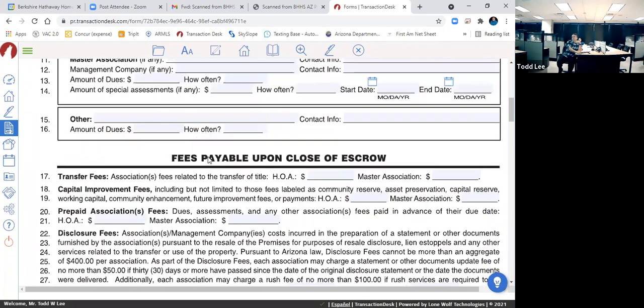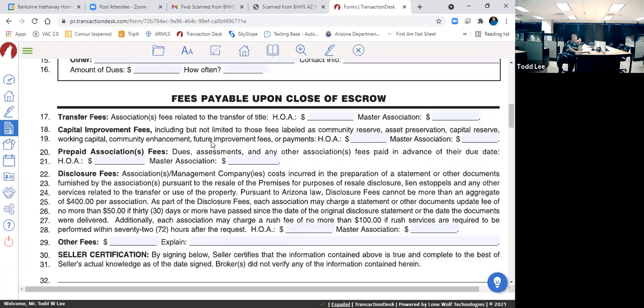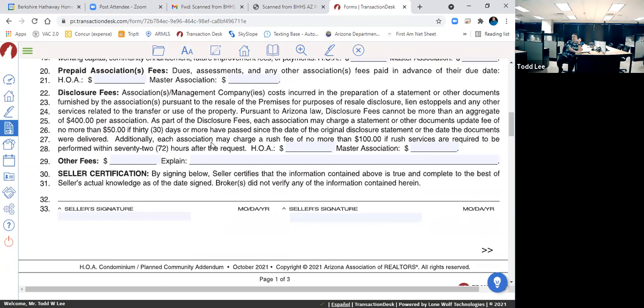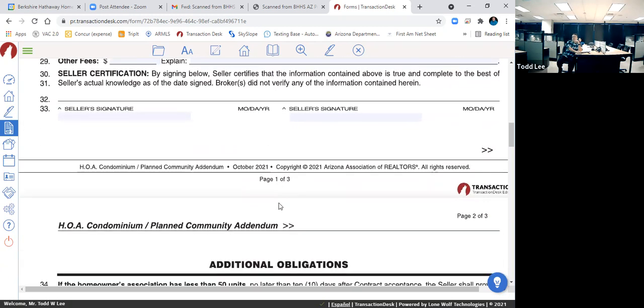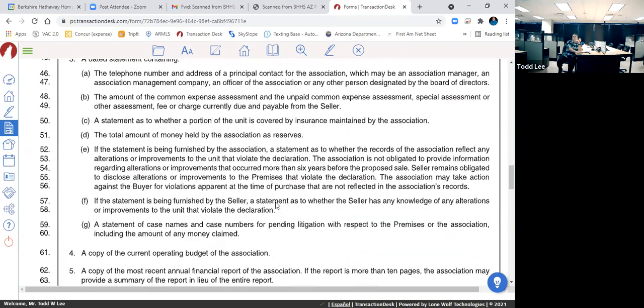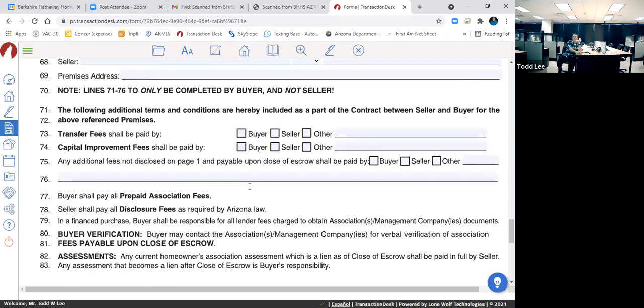On page 1, where it says who pays the fees, if it's not explained there in the other fees explanation, then what they've done is on page 3, now we've got lines 75 and 76. Any additional fees not disclosed on page 1 and payable upon close of escrow shall be paid for by buyer, seller, or other. And then there's still the extra line to type in whatever you want.